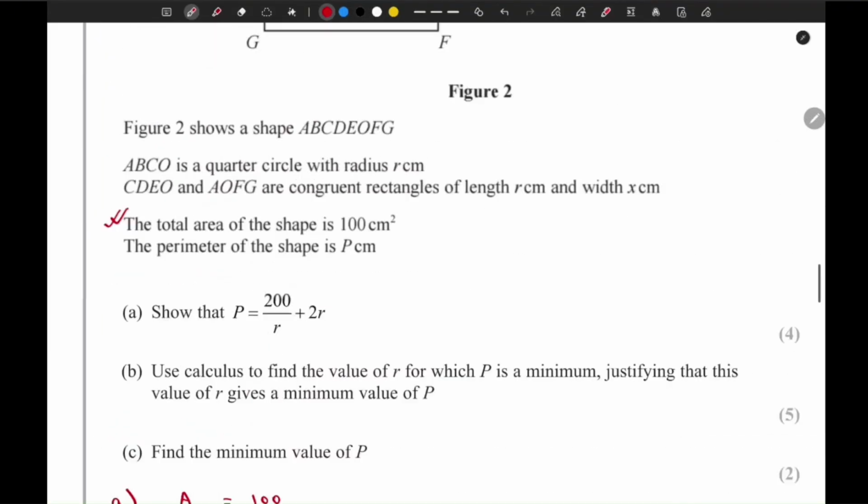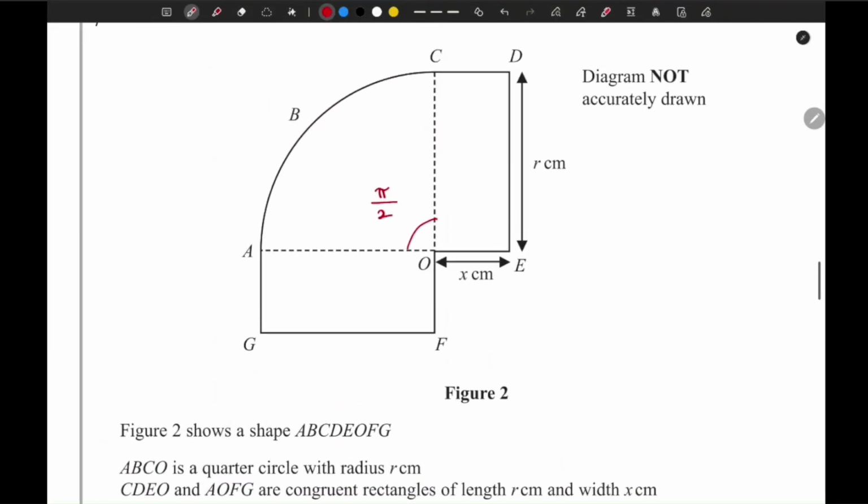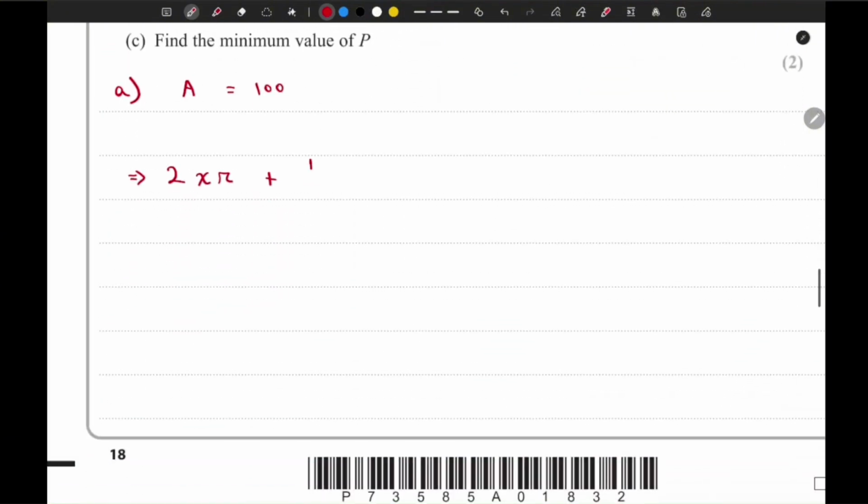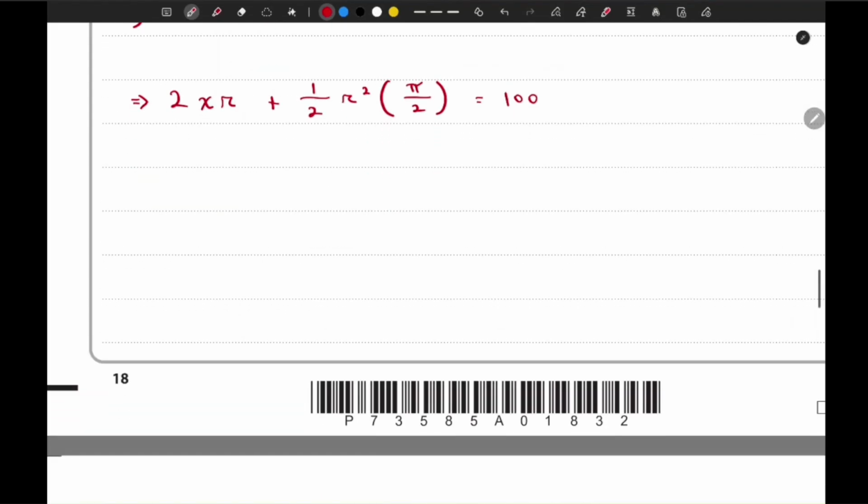Plus, we need to find the area of this sector. This sector has a radius of r. So the area would be half r squared times theta. Theta is pi over 2. This is equal to 100. Now we just need to make x the subject.